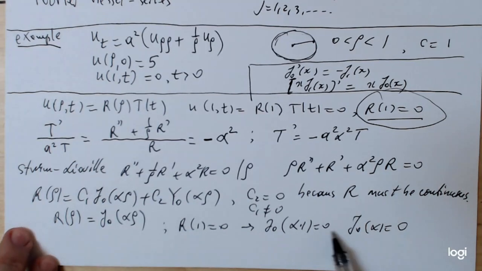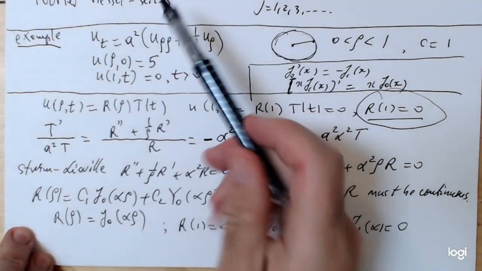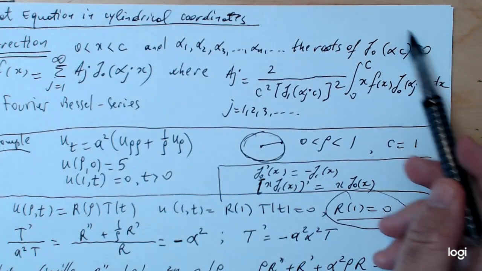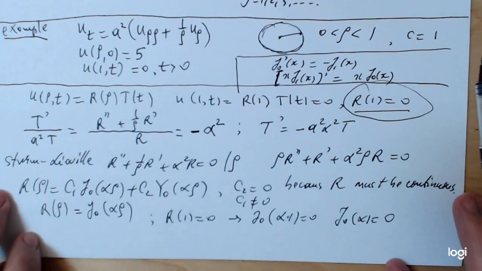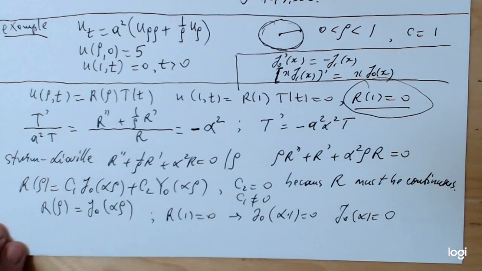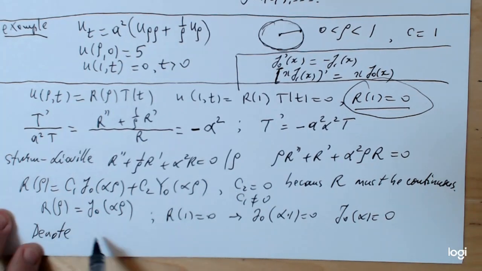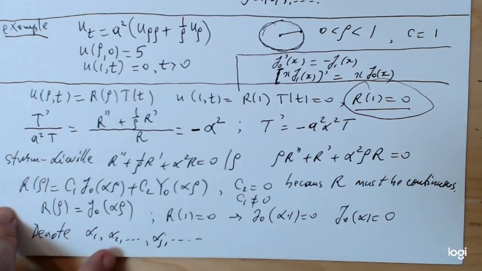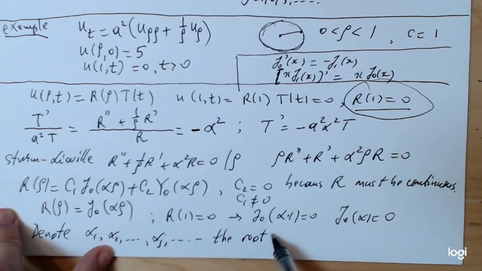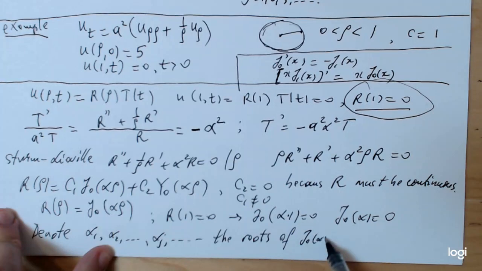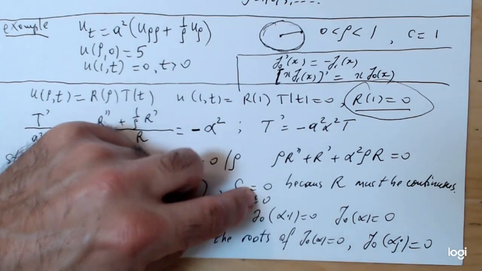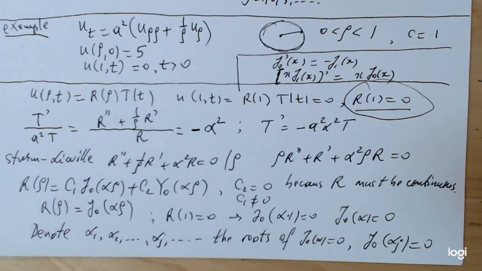And we know that this equation, for any positive C, will have infinitely many positive roots. So let's denote by alpha 1, alpha 2, alpha j, and so on, the roots of J0 of alpha equals 0. From now on, whenever you replace alpha with alpha j, J0 of alpha j will be 0.